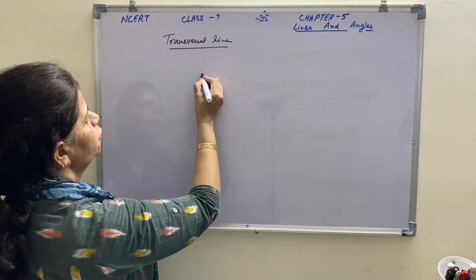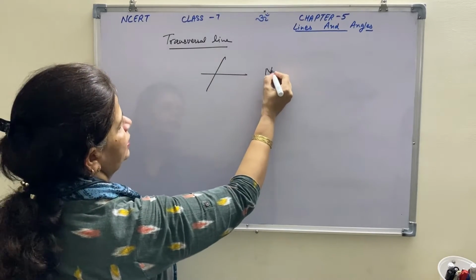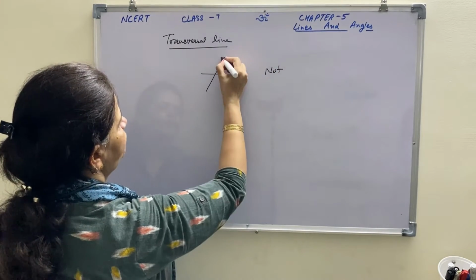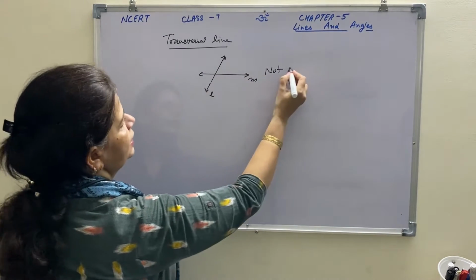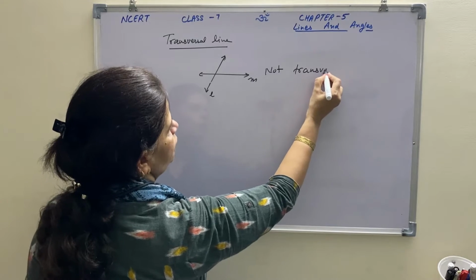Okay, if we have two lines, they are not transversal. Here we have two lines L and M, they are not transversal lines.